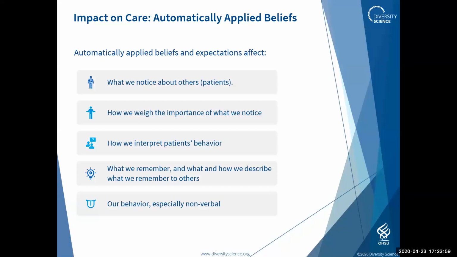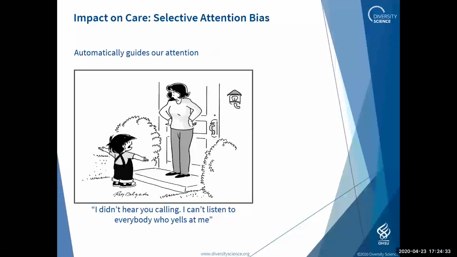Okay, so sometimes when people talk about implicit bias, what they'll talk about is how we activate automatic attitudes or beliefs based on stereotypes. But what we may not be getting as much information about is the fact that it's guiding a lot of the way that we interact with others to confirm our stereotypes. So it affects what we notice, what we think is important about what we notice, how we interpret other people's behavior, what we remember, how we describe, and then our nonverbal behavior.